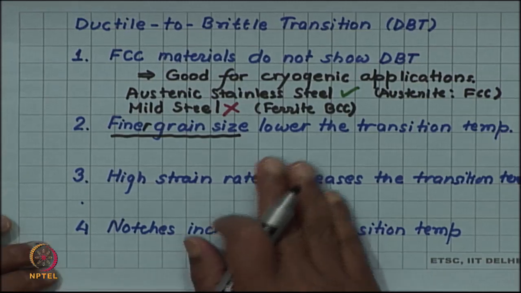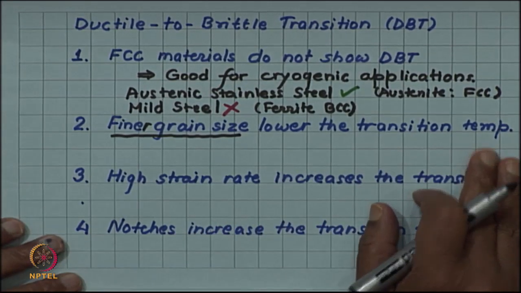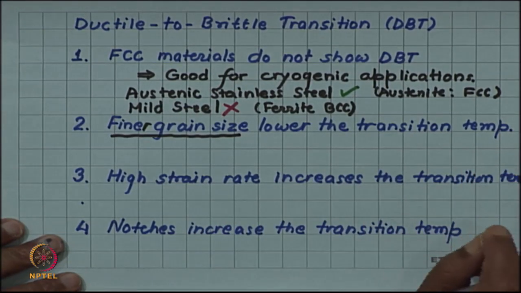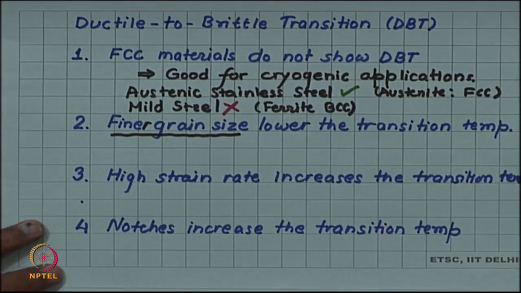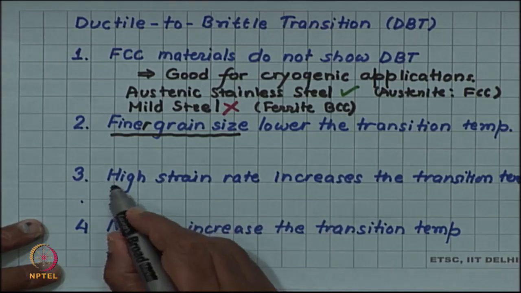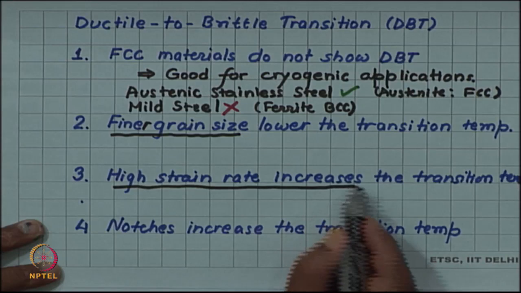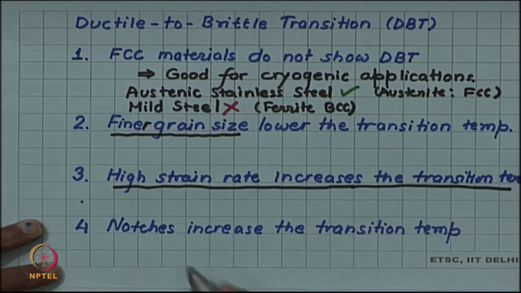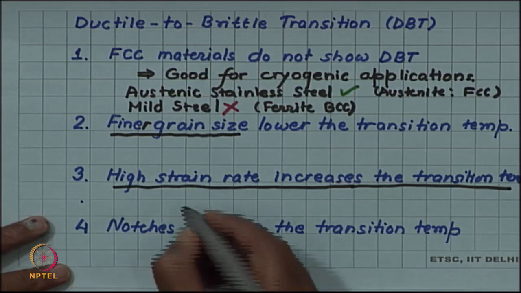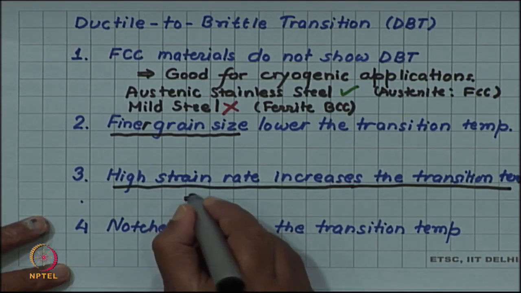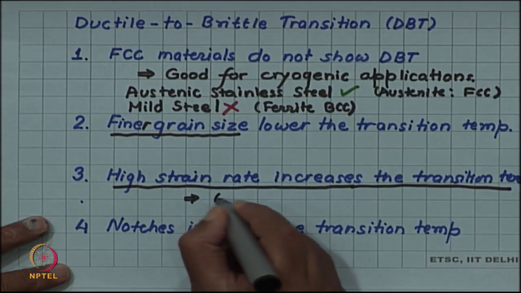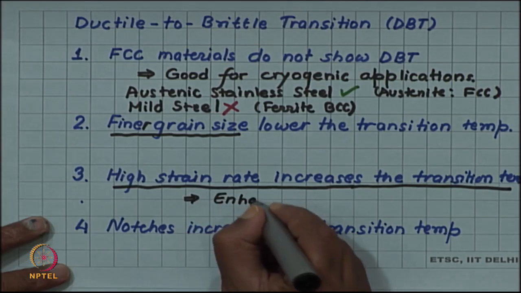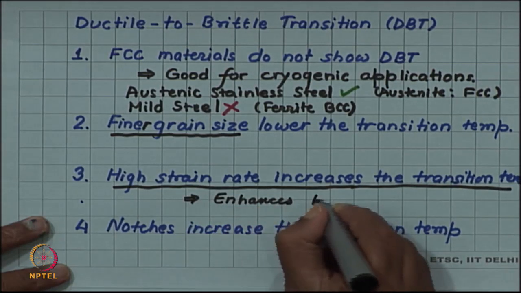So, finer grain size lowers the transition temperature. So, material with fine grain size is a good thing from the ductile to brittle transition point of view. Then high strain rate increases the transition temperature, which means it increases the brittleness. So, high strain rate enhances brittle behavior.